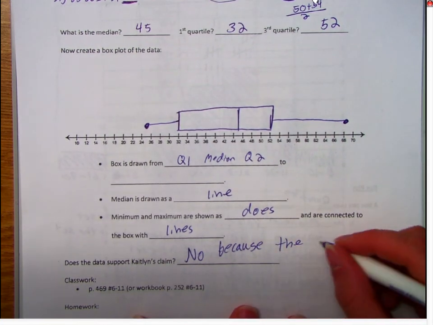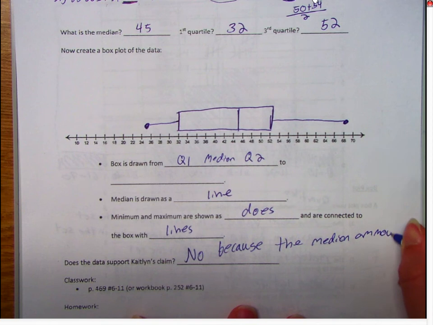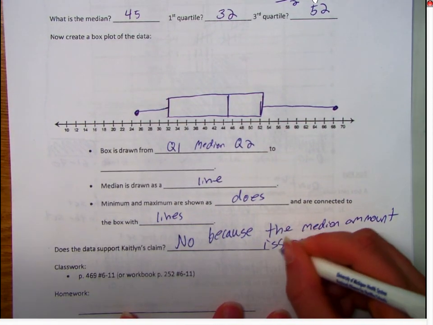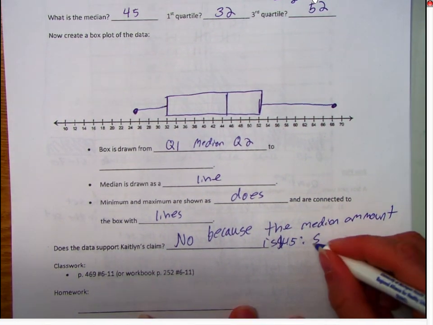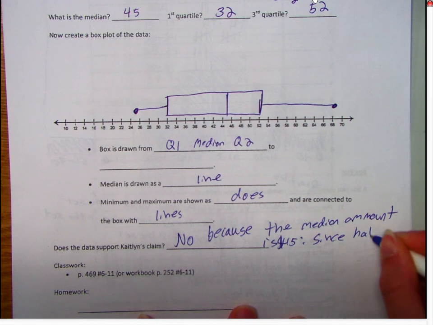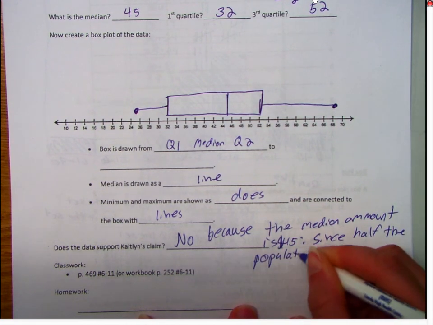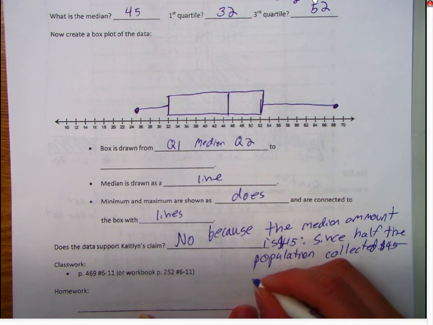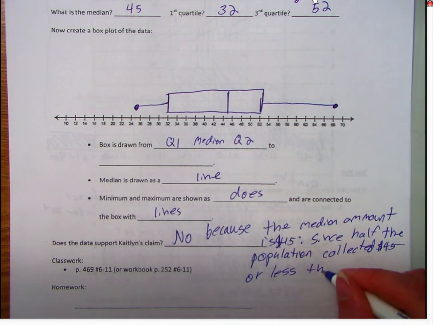And because the median amount is $45, since half the population collected $45 or less, the data does not support the claim.